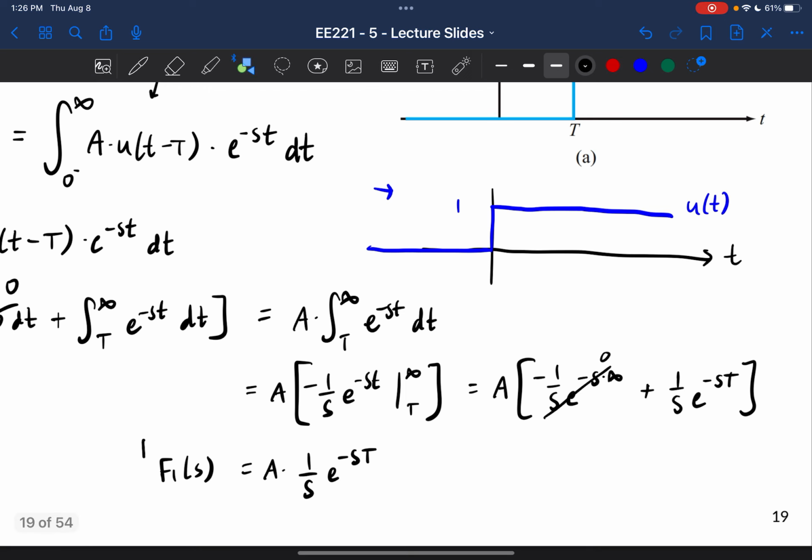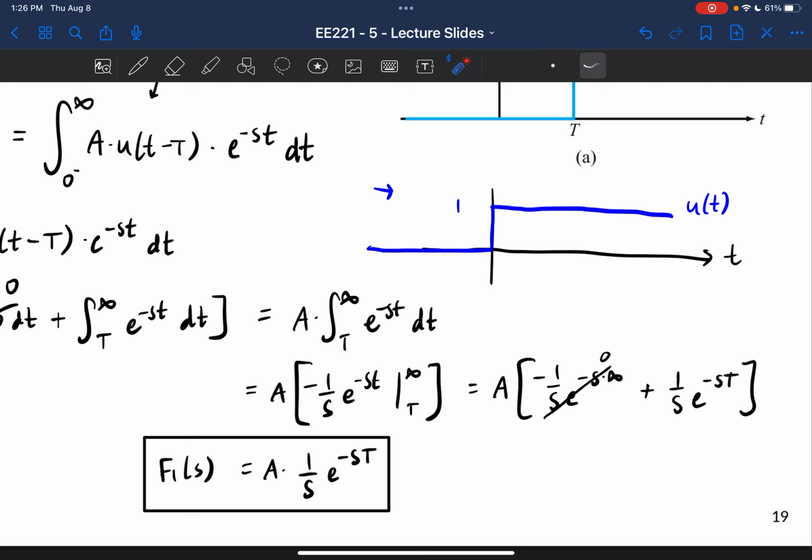And so I can box that, and that's the Laplace transform of my shifted and scaled version of the unit step function. Of course, if we let T equal 0, right, with no time shift, and we let a equal 1, so no scaling, this entire e term goes to 1, and the a goes to 1, and we're just left with 1 over s.